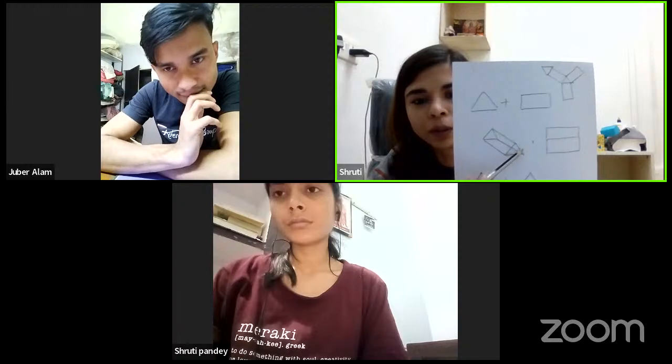What you're doing over here is taking one triangle as the base. So this is my base. Then thinking of how this base is connected to the other sides. So side number 1, side number 2, side number 3. So this side of the triangle is equal to this side of the rectangle, so I'm going to connect that over here. And then I'm going to think about how I'm going to close these. So I can attach a triangle of the same size as this triangle to any of these sides. Does this make sense?